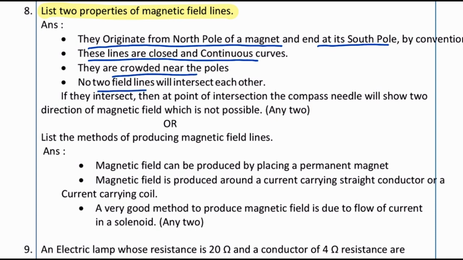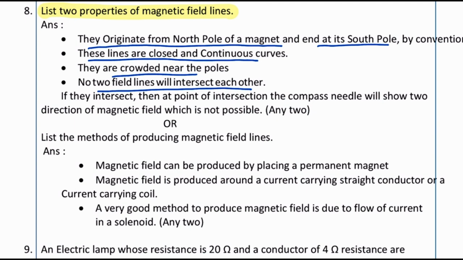No 2 field lines will intersect each other, or you can also write it as they never cross one another. And another point, if you want, the flow is from south pole to the north pole within the magnet and north pole to the south pole outside the magnet. You can write any 2 of these.